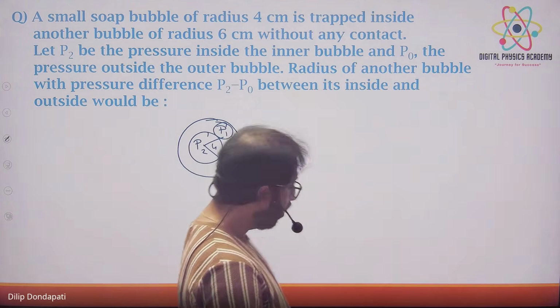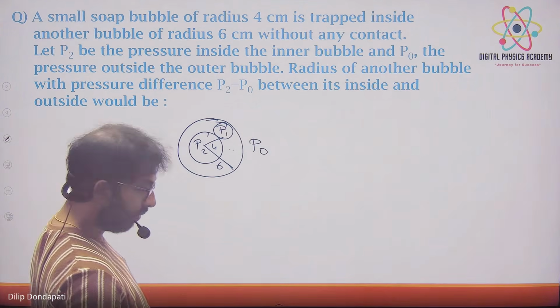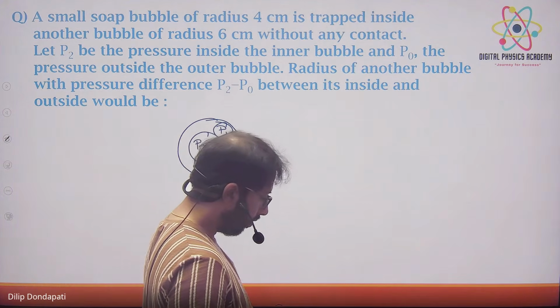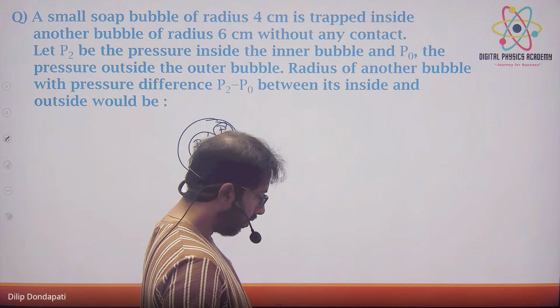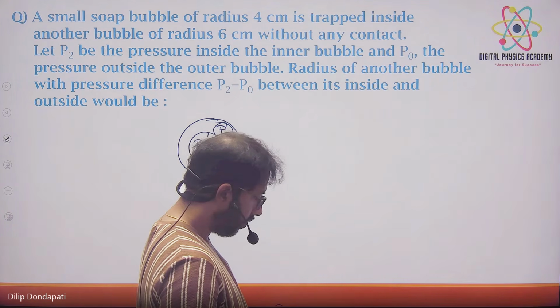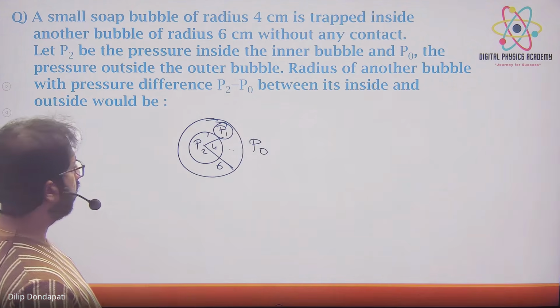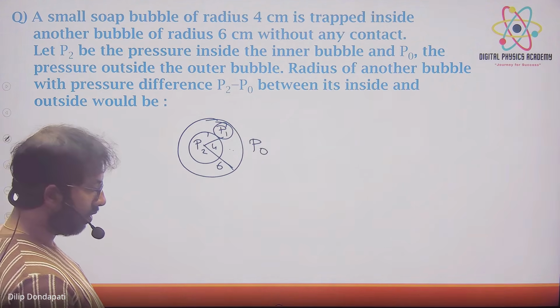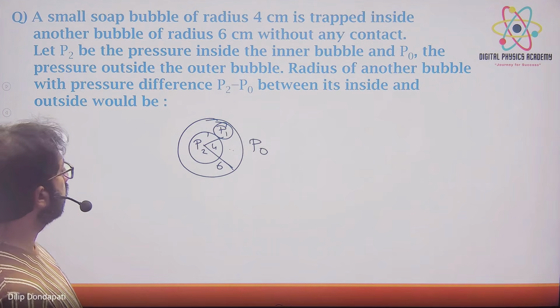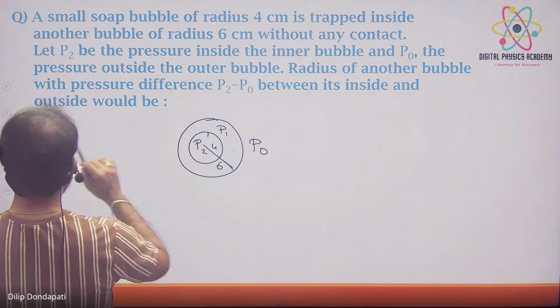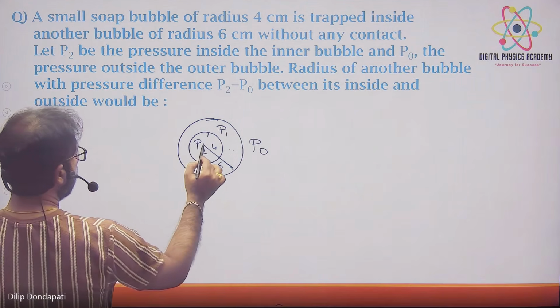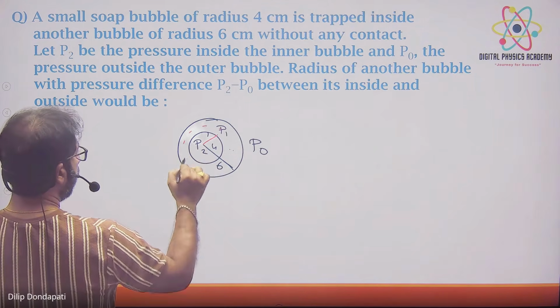So sir, P1 minus P0 will be 4T by 6. So bubble बोला, that's all? Yes. जो भी बीच का फॉर्म हुआ ना वो रेडियस का, you can take smaller.